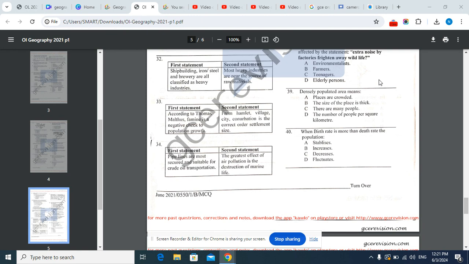When birth rate is more than death rate, the population. The answer is C.